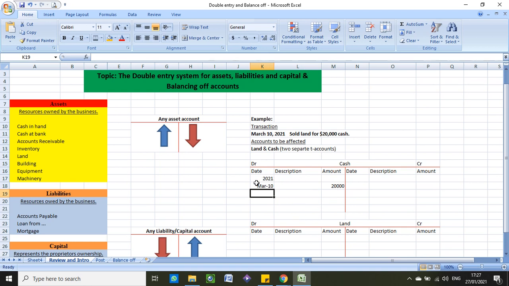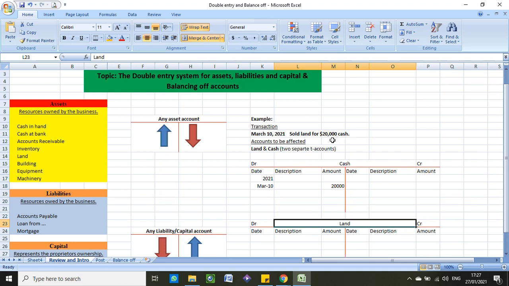Now, this is the first effect. The double entry means that every transaction must have two effects, hence the name double entry system. So we have done one entry that's almost complete so far, on the cash account. Now I need to figure out what will happen to land. So we sold land for cash, $20,000.